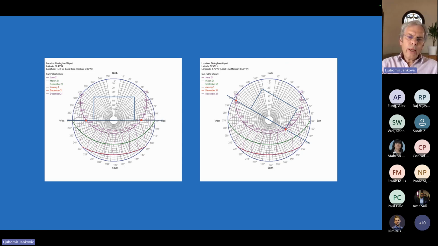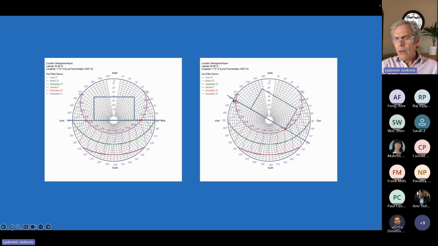And if we draw a line through the center of this sun path diagram, which represents the facade of the building, then we can tell that, for example, on 21st of June at around 8 o'clock, this facade will start being illuminated by the sun, and the sun angle will be 25 degrees. That's for Birmingham in the UK.